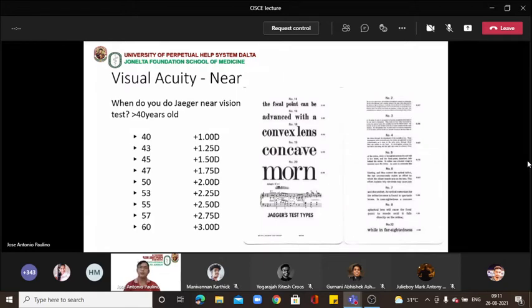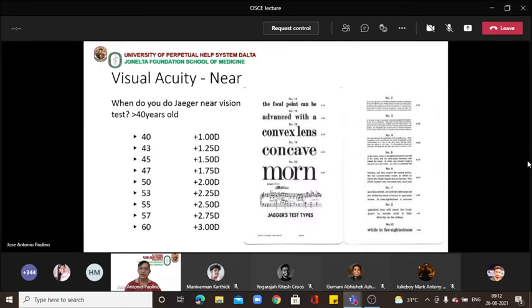So if the patient does not need corrective glasses at a distance, but only has a problem in reading at near, then it is safe to assume that if the patient is 50 years old, we would give them reading glasses with the power of +2.00. Okay? If the patient is 60 years old, we give them reading glasses of +3.00. Those hold true if the patient does not need any distance correcting glasses.